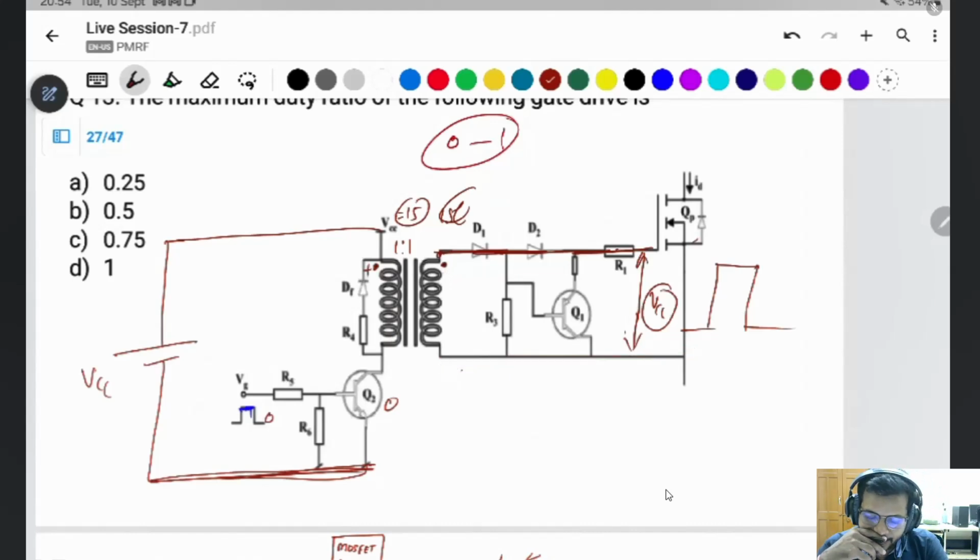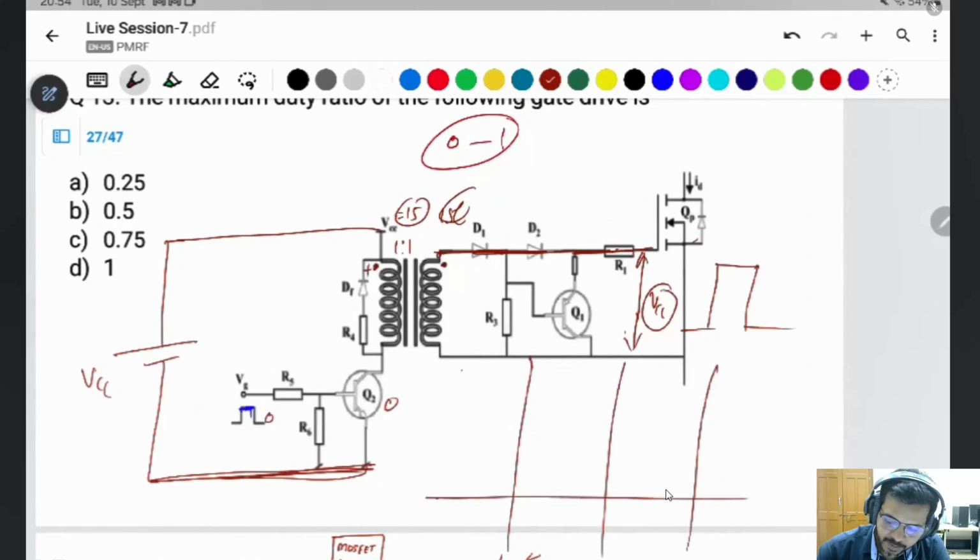At that moment, what happened? The transformer is supplied with some voltage, like VCC, for the on time. Any transformer or converter works based on flux balance.